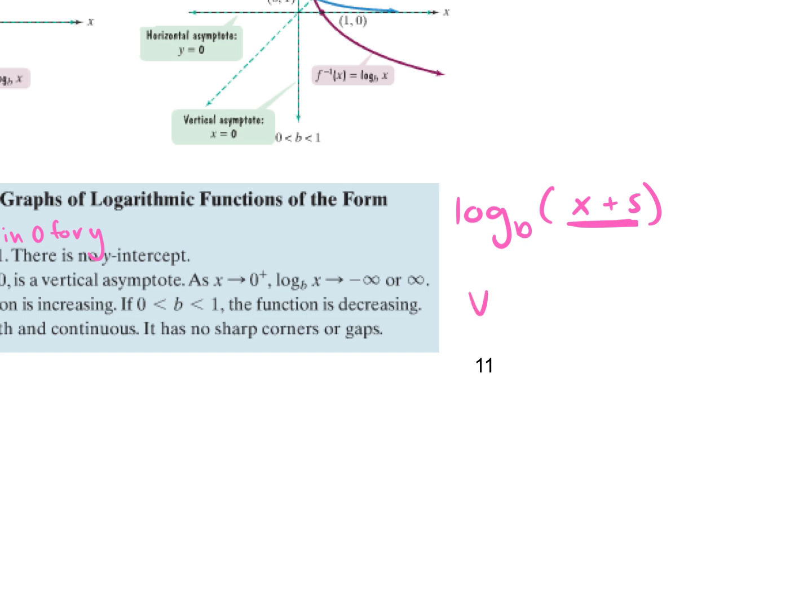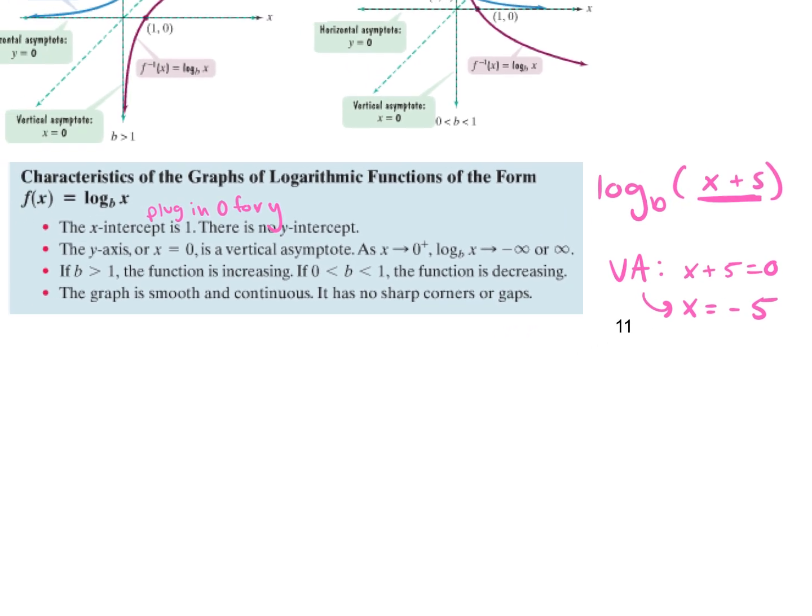So I would say the vertical asymptote is x plus 5 is equal to 0. We just set it equal to 0 and solve. So subtract 5, we would get x is equal to negative 5. This would be our vertical asymptote. So whatever's in the parentheses, set it equal to 0 and solve. That's your vertical asymptote.